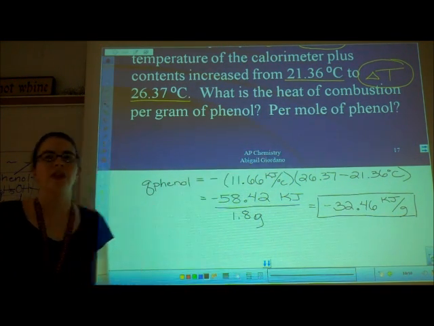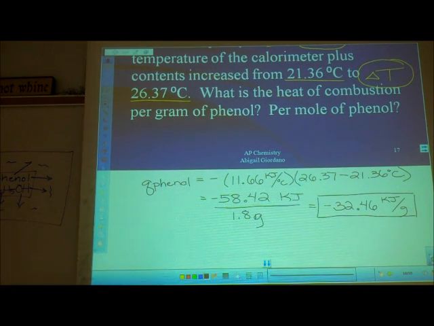What about the heat in units of kilojoules per mole? What do I do? Okay, convert grams of phenol to moles. Let's do that first.